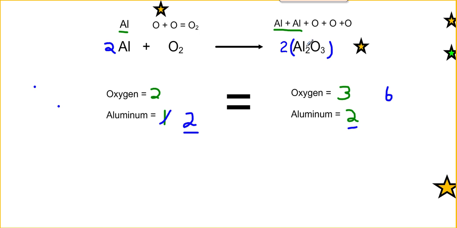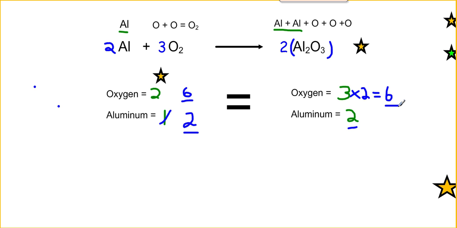So 2 times the oxygen, and there's 3 oxygens, so 3 times 2 gives me 6. Now on this side, I also need to have it equal 6. And so I'm going to add a coefficient of 3 here. 3 times the 2 gives me, once again, 6. So now I have 6 on this side, 6 on this side.